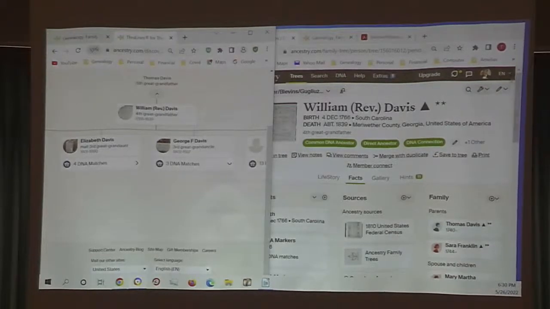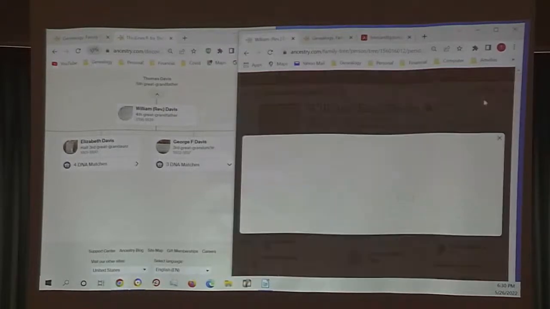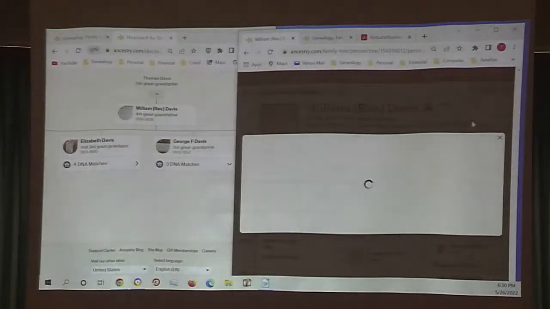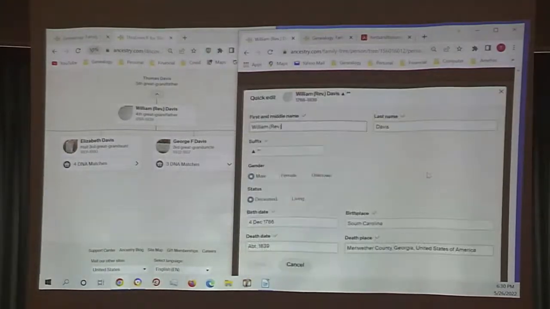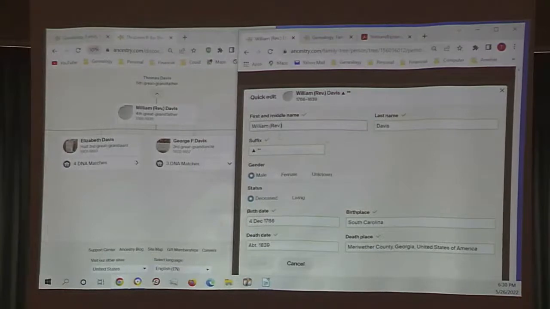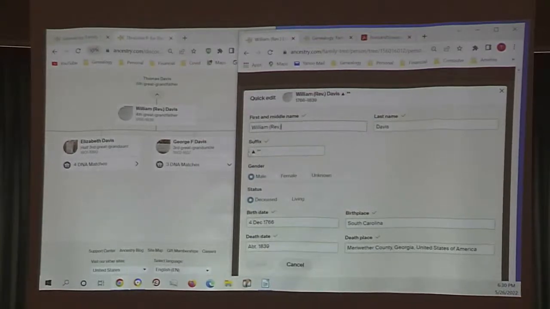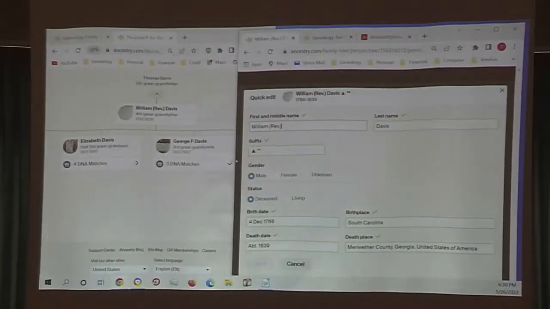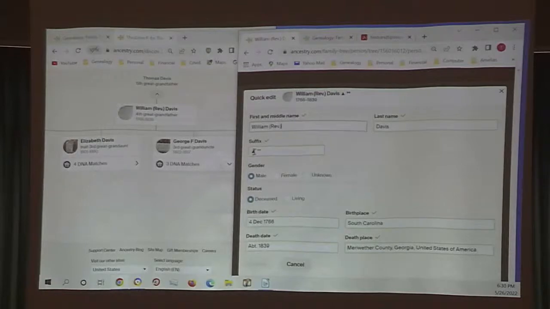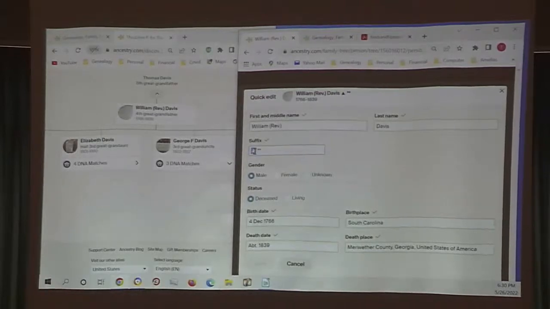So if I open this guy up for edit, okay, and in fact, I'll show you while I'm here. Okay, so you see William Reverend Davis, and then I have a triangle and then the double asterisk, okay? Now, suppose he was a junior. I could put junior here too, right?